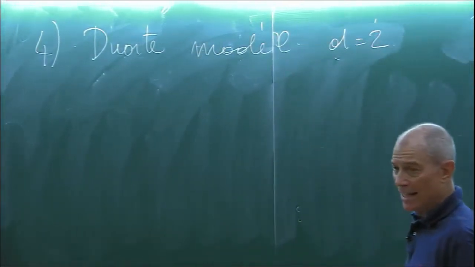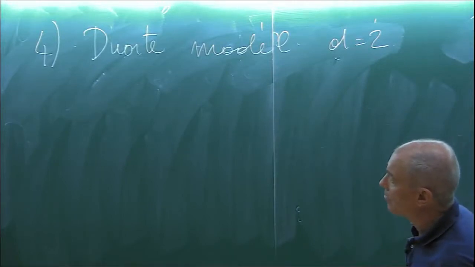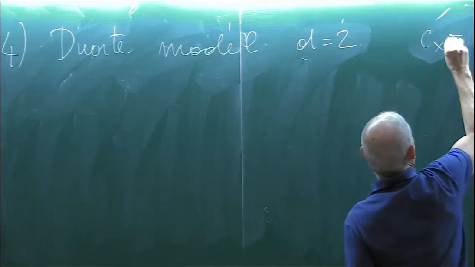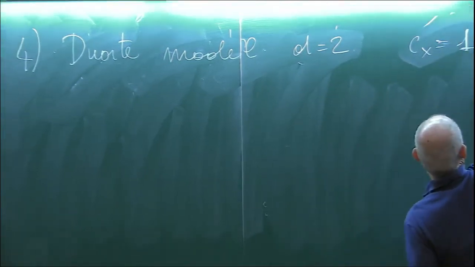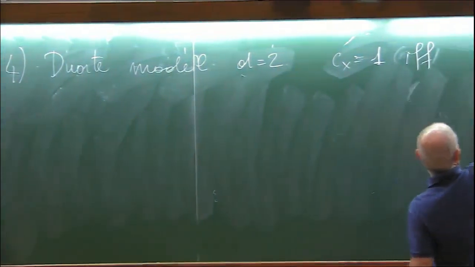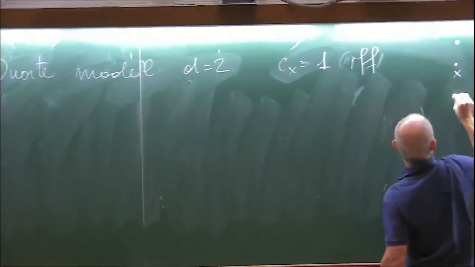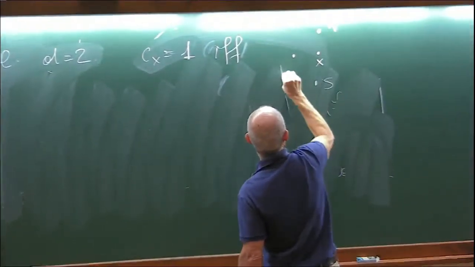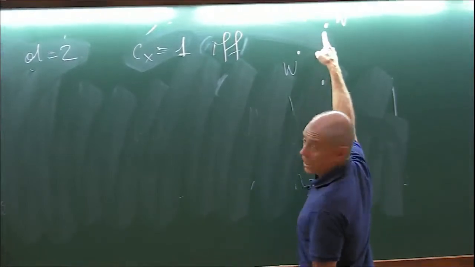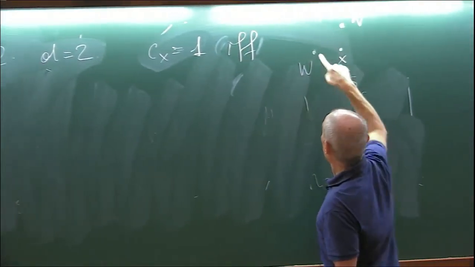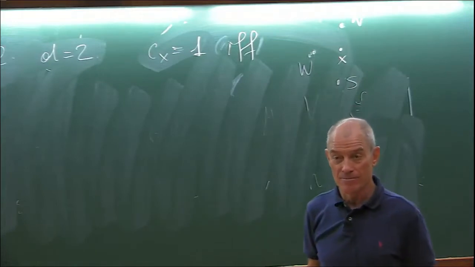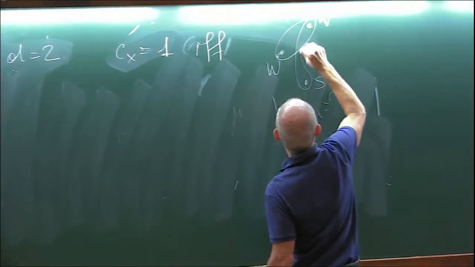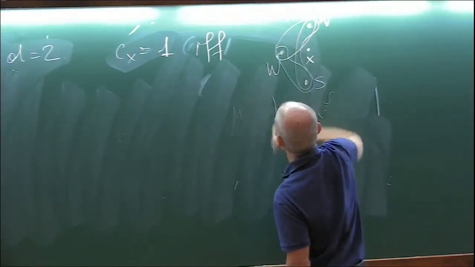So c_x is 1 if, this is x, so there is the north, south, and west, if 2 among these 3 are zeros, so this one, or this one, or this pair, or this pair.